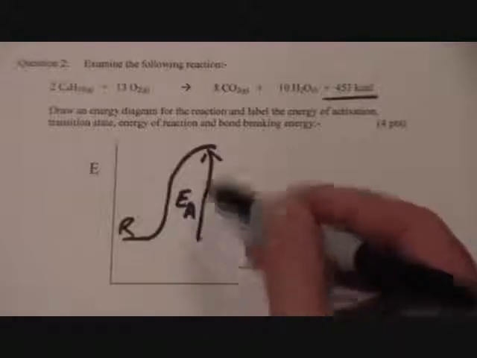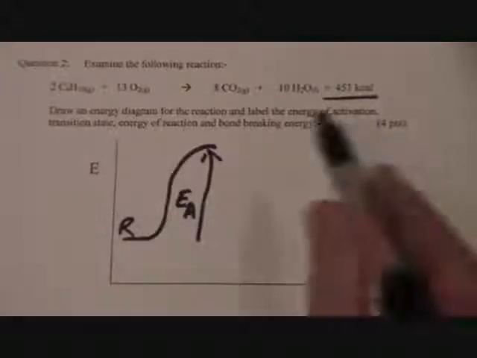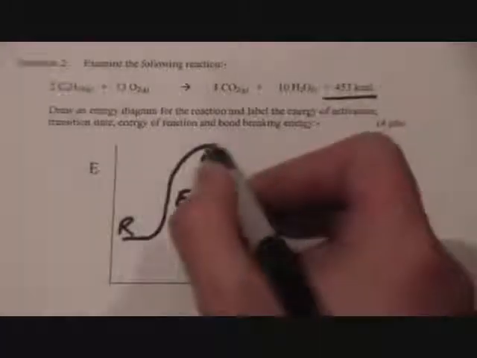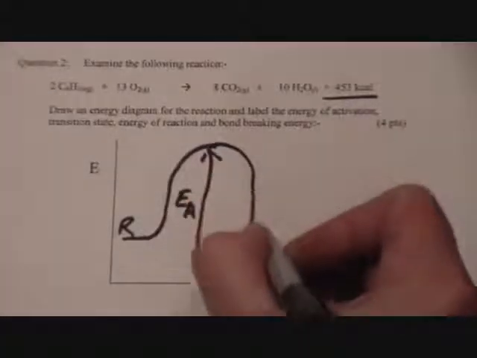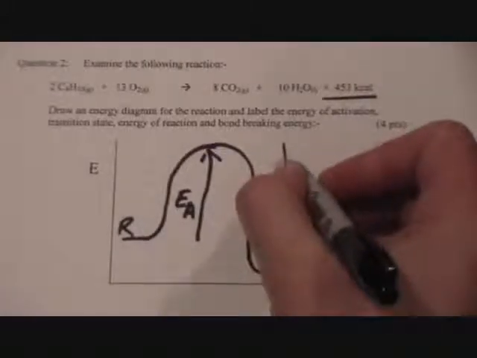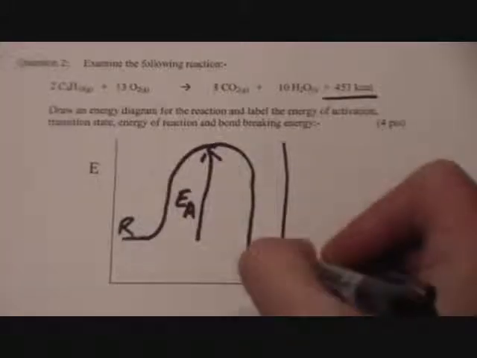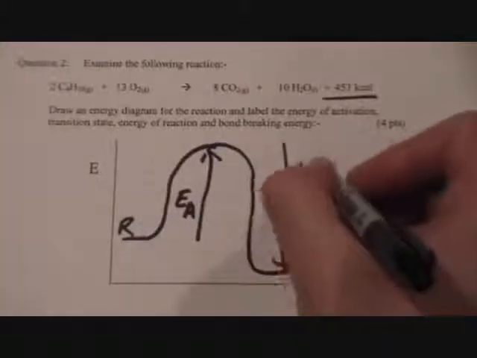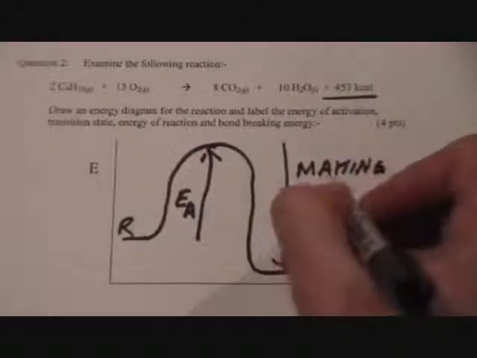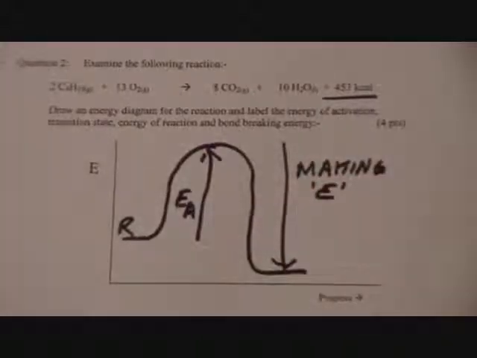So the energy of activation is also the bond breaking energy. Coming back out the other side and finishing lower than we started, the energy coming back out is the bond making energy, the energy released when new chemical bonds form.